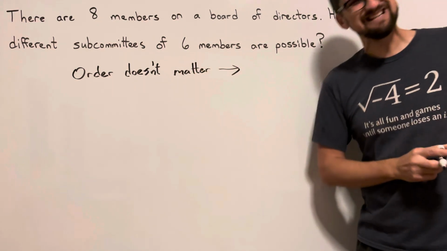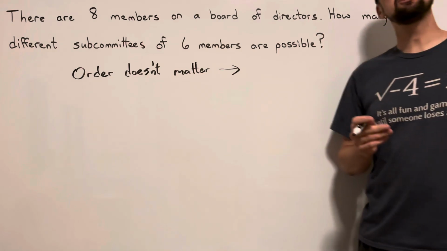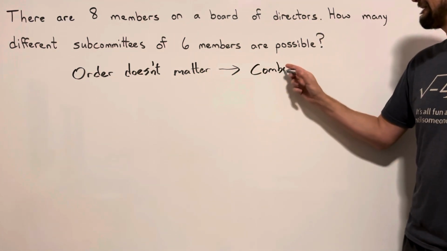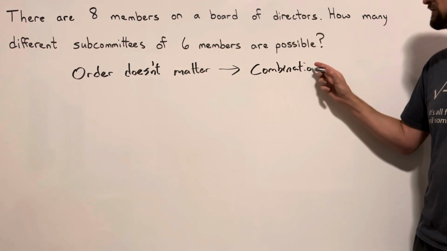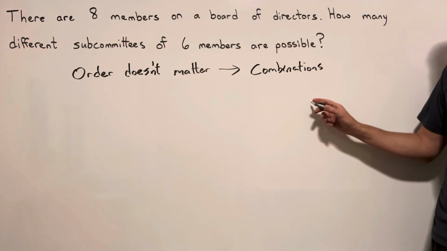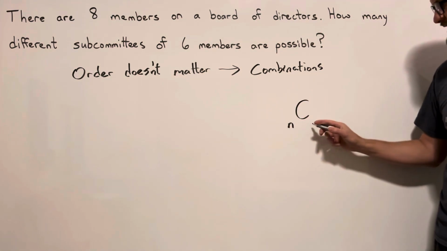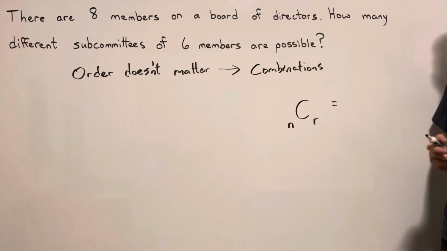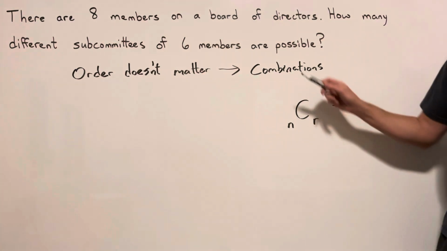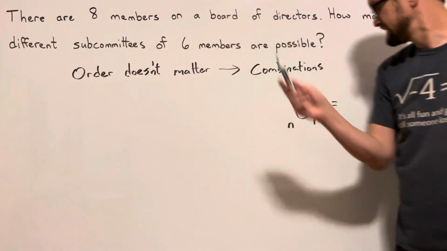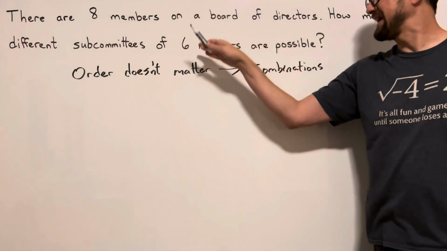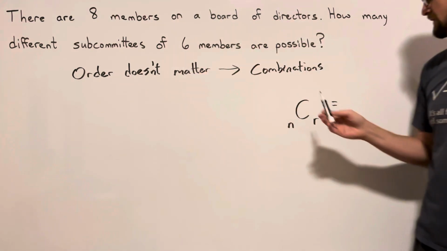And if order doesn't matter, that means we're dealing with combinations. And there's a formula you can use for combinations. You write it, this is one way to write it, where N is, in this case, the total members on the board, and R is how many that you're choosing from that total, in this case 6.